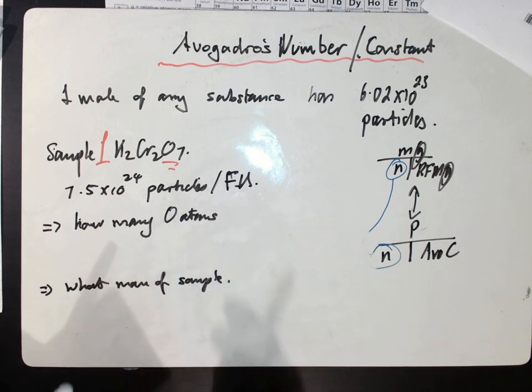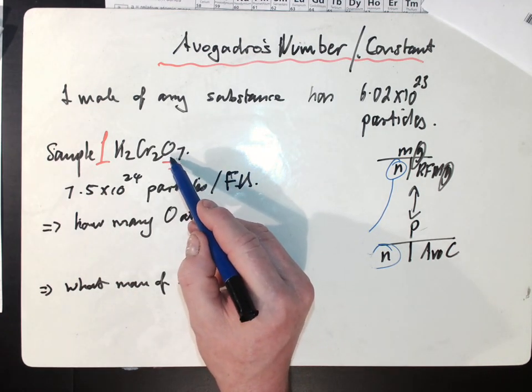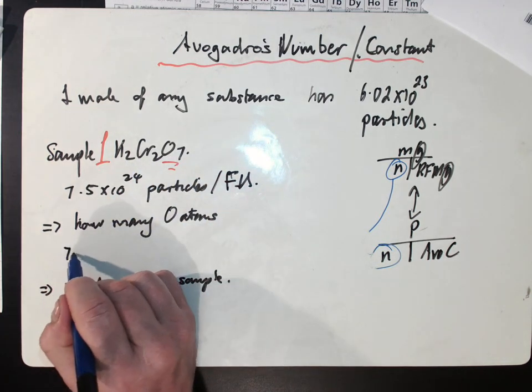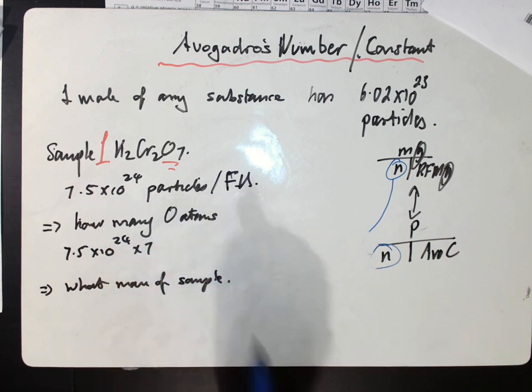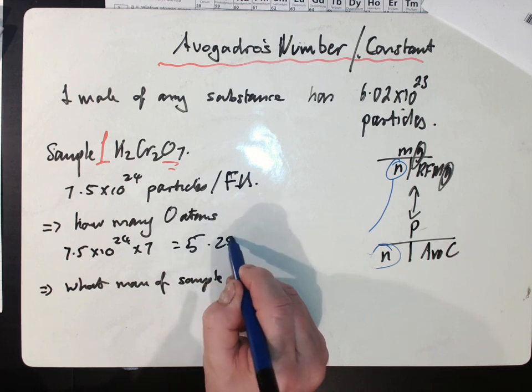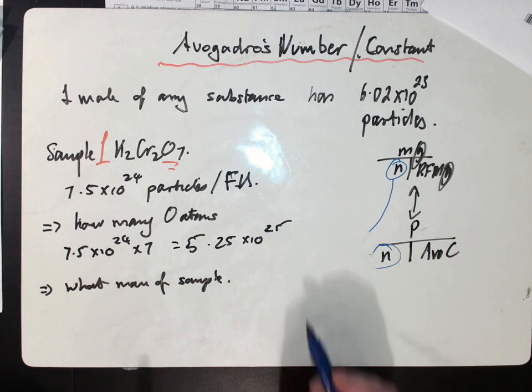So all I've got to do to work out how many oxygen atoms there are in this number of formula units is take that and multiply it by 7. Yeah, so it's no more tricky than that. Okay, gives me 5.25 times 10 to the 25 oxygen atoms.